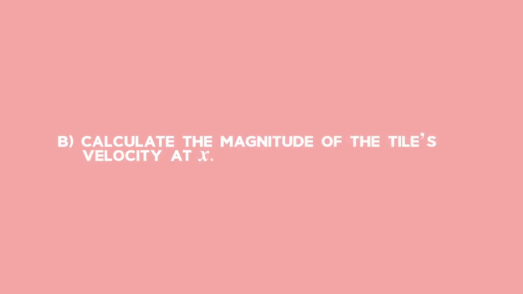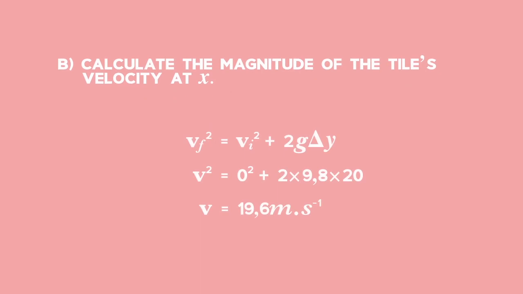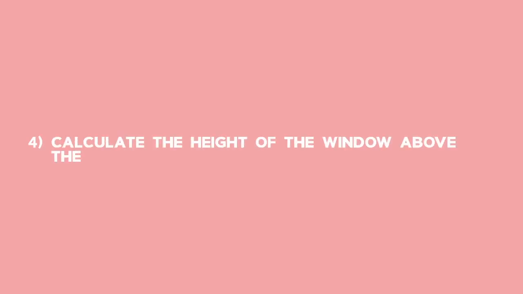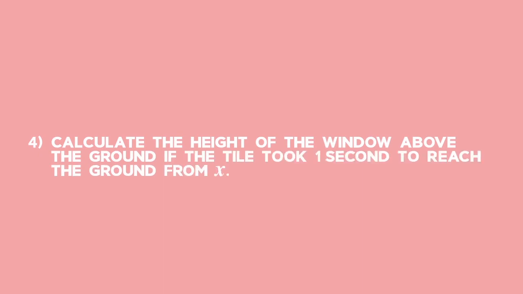B. Calculate the magnitude of the tile's velocity at X. Number 4. Calculate the height of the window above the ground if the tile took 1 second to reach the ground from X.